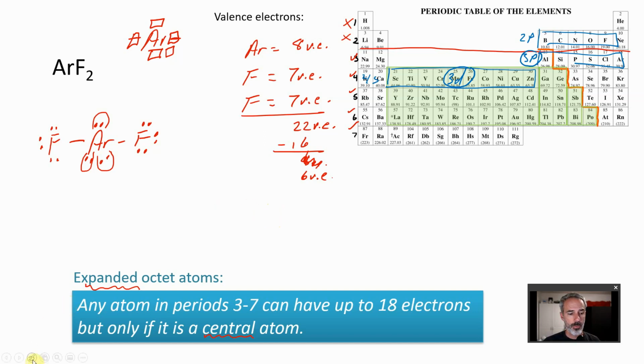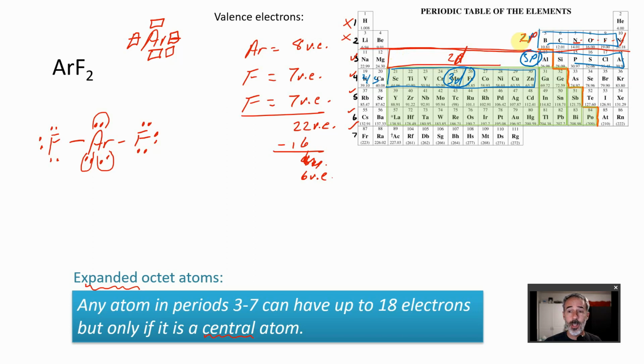But if you think about this, if we were to go look at the 2p orbitals, why can't nitrogen have more than 8 electrons if it's in the middle? Because when it fills up to 8 right here, if it has more electrons coming in, does it have the opportunity to fill the 2d orbitals?